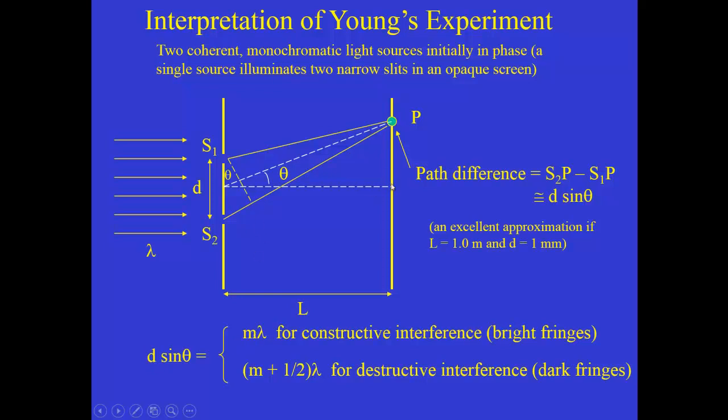That's what you would get at the central point on the screen. And of course, the angle value at that point would be 0, right? m equals 1 would give you the first location away from the center of the screen where the path difference would be equal to lambda itself. That would give us the first bright fringe moving away from the center of the screen.